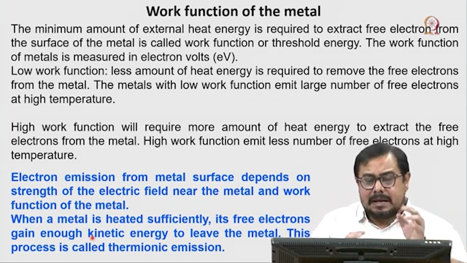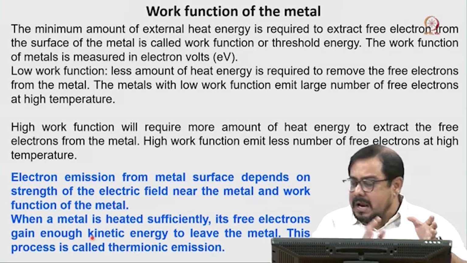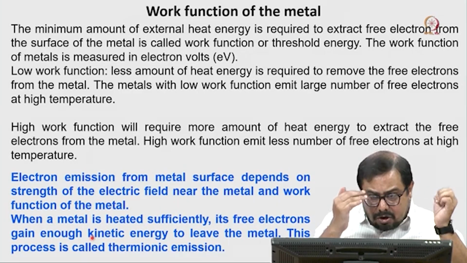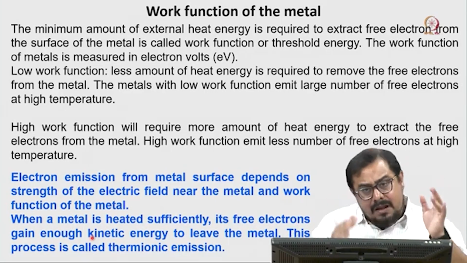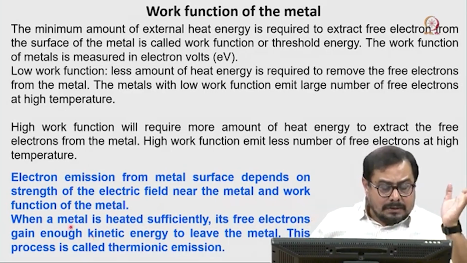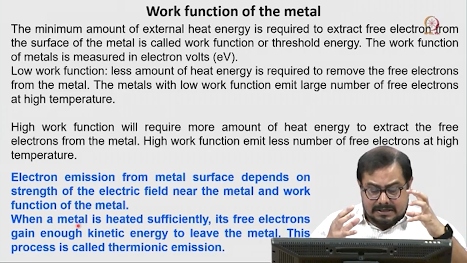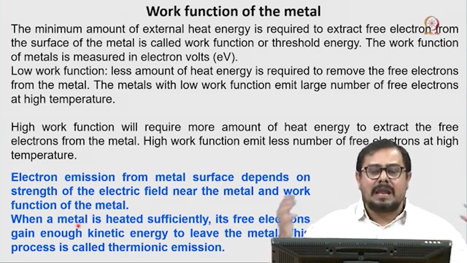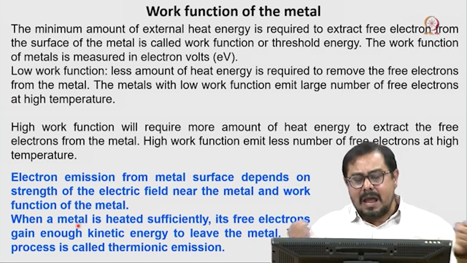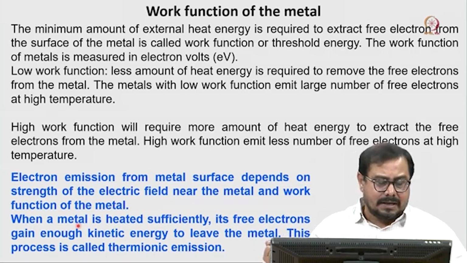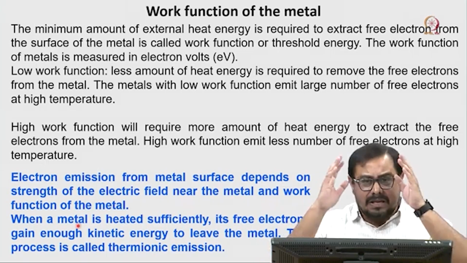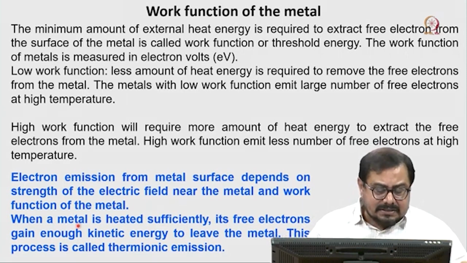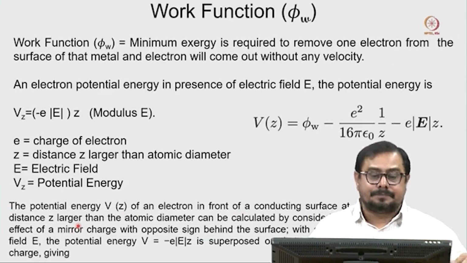One is called thermionic emission, and the other is the Schottky filament and field emission gun. When we are heating the metal, there are free or loosely packed electrons gaining enough kinetic energy, and when they have enough kinetic energy, they will leave the metal. Here we are using heat energy to remove the electron from the metal. That is the reason it is called thermionic emission.